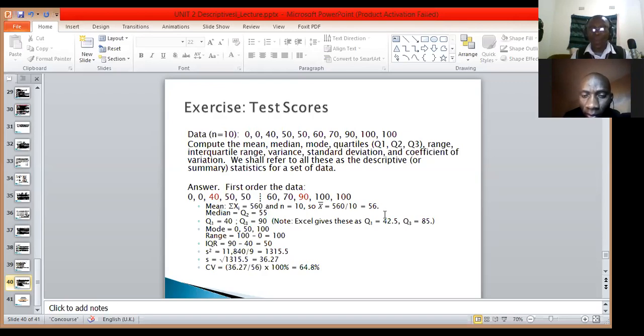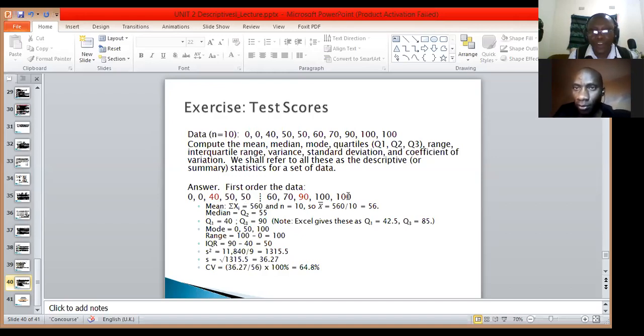Let's find our median. Our sample size is an even number, which is 10. So the median is sitting between the fifth and sixth values. We count 1, 2, 3, 4, 5.